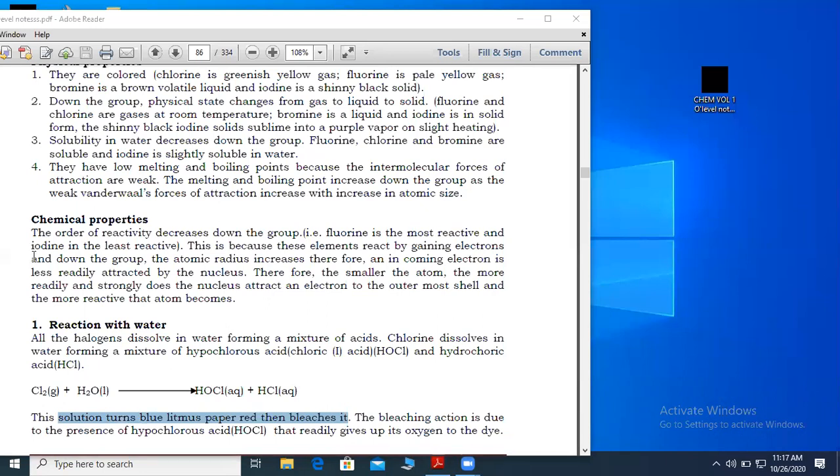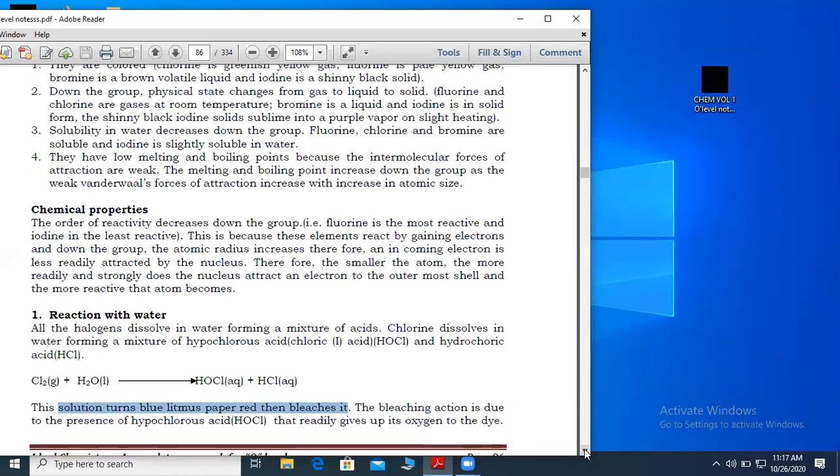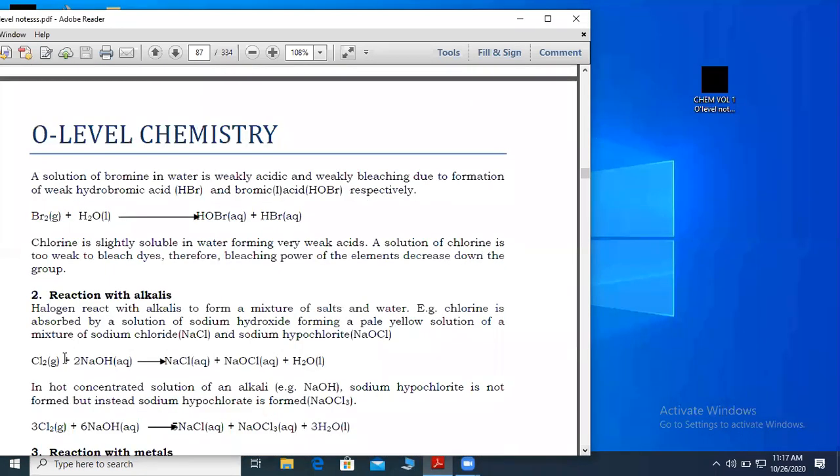Chlorine gas was bubbled through a solution of sodium hydroxide. We talked about this. Chlorine plus sodium hydroxide. The products are sodium chloride plus sodium hypochlorite plus water. We said this is only possible when sodium hydroxide solution is cold and dilute.